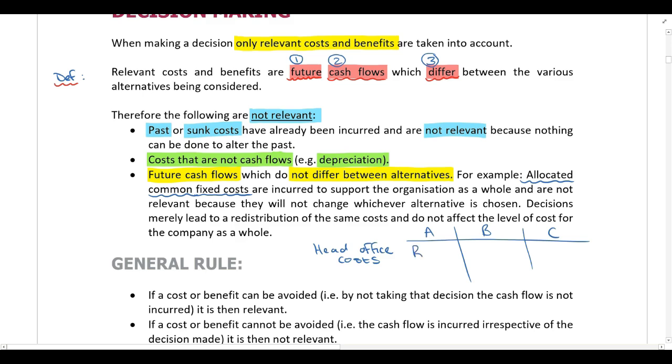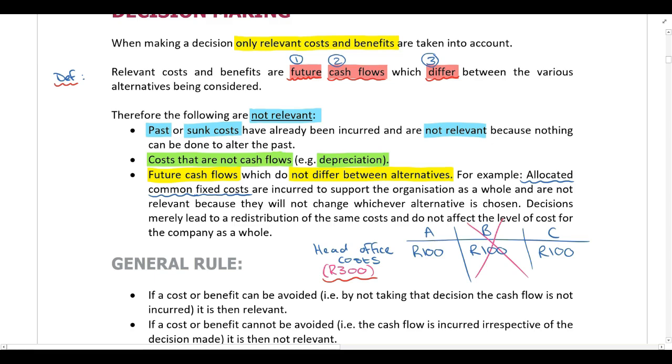And let's say we're going to keep it very simple over here. Let's say that the total head office costs are 300 Rand, and they just split them equally between the three different divisions. Now what we're going to do is assume that the company wants to shut down division B. If they want to shut down division B, what's going to happen is the head office costs are still going to be 300 Rand.